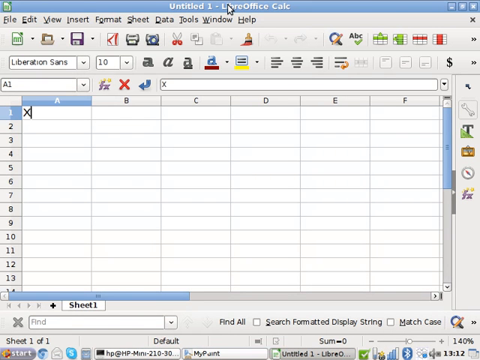X and y. Let's just go with 0, 1.1, I don't know.